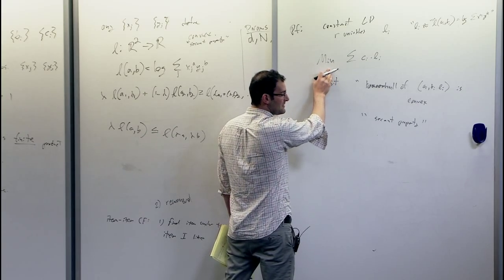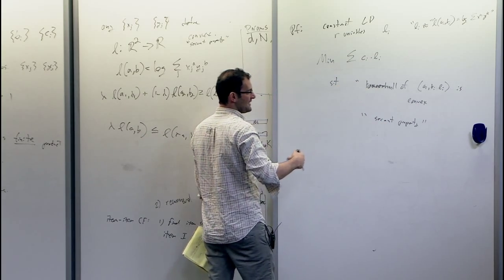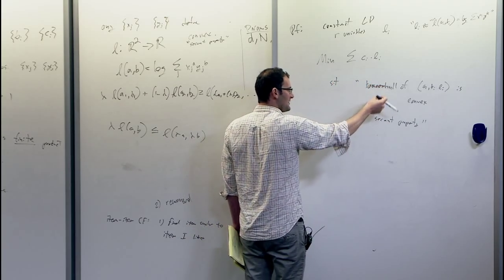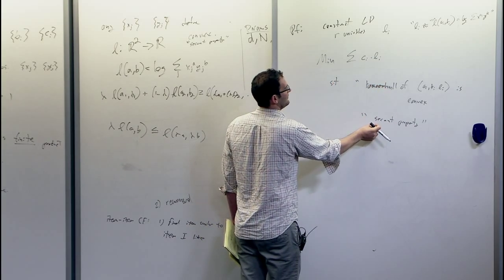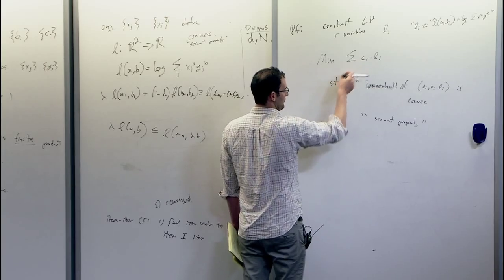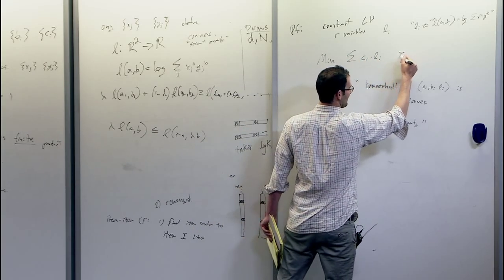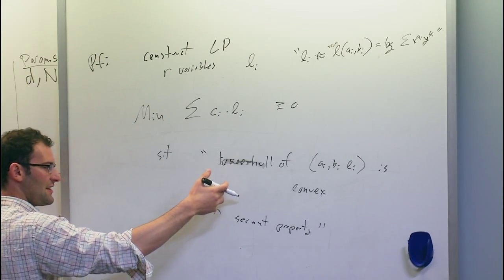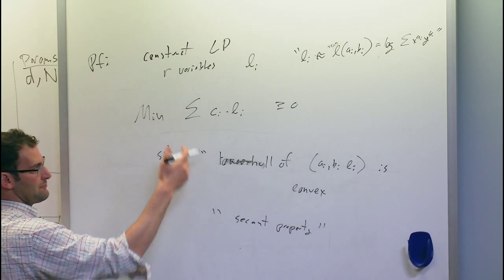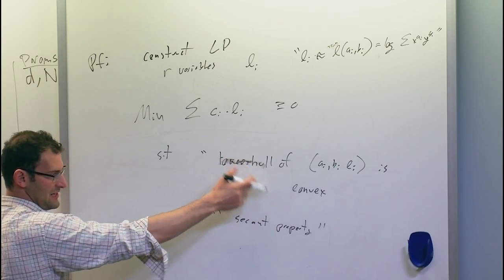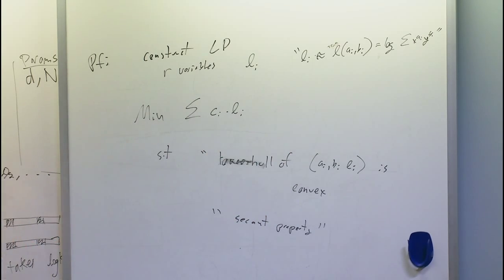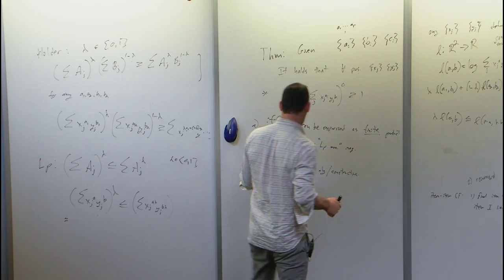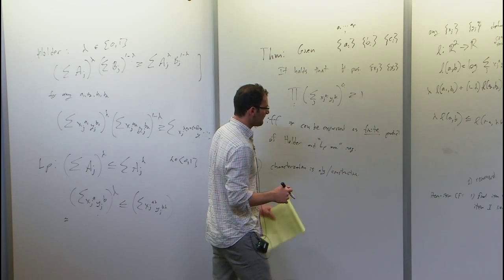So if the minimum of this is 0, this means that by LP duality, there's a finite positive combination of the constraints which ends up implying that this is greater than or equal to 0. So if the minimum is 0, then linear programming duality gives you a proof of this via combinations of these constraints, which is exactly our algorithmic characterization.